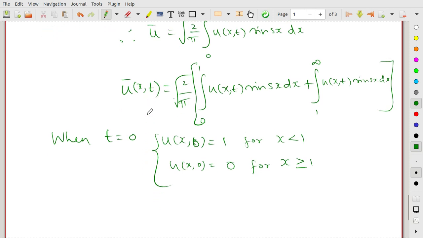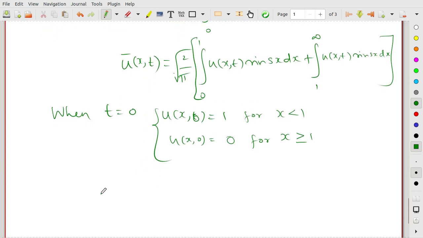So we are now finding u bar of x comma 0. Therefore we have root 2 by pi. Since we are finding at time t equals 0, if we apply this condition, this integral will vanish.